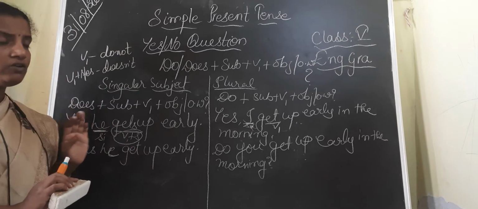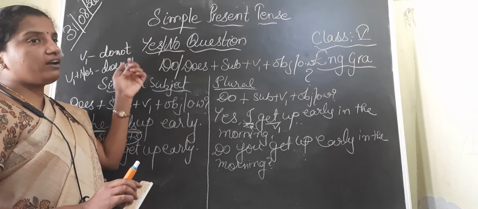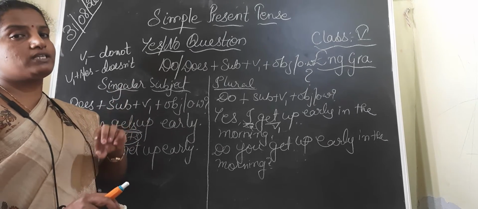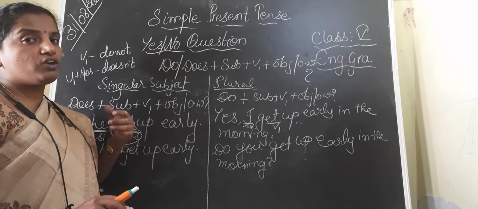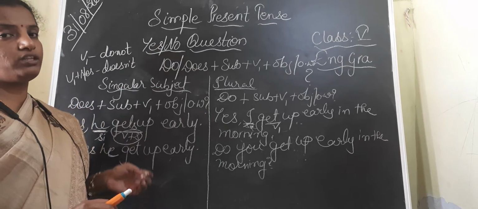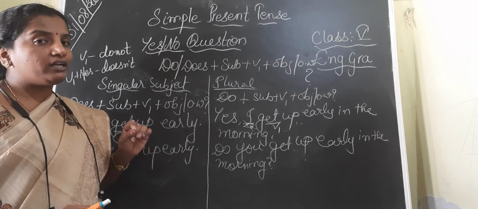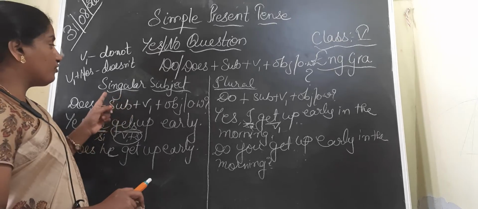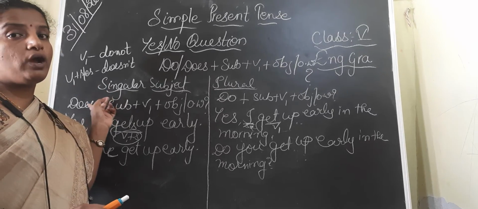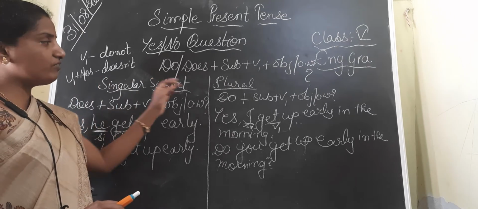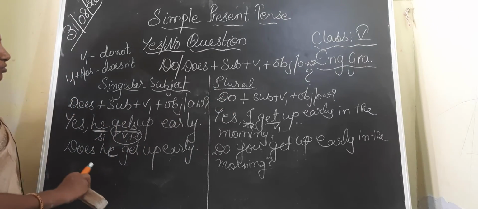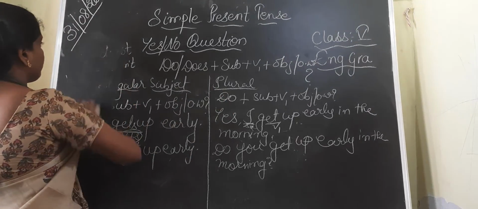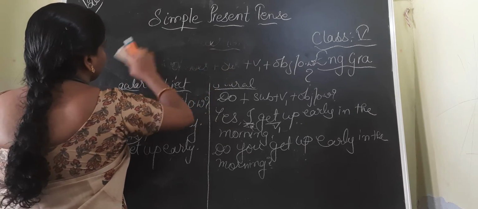Is it clear now? See, children, whenever we are writing yes or no type questions in the simple present tense, we have to use do. We have to start our question with do or does according to the given subject. If the subject is singular, you have to use does. If the subject is plural, you have to use do to write the question form. Let us see few of the examples.